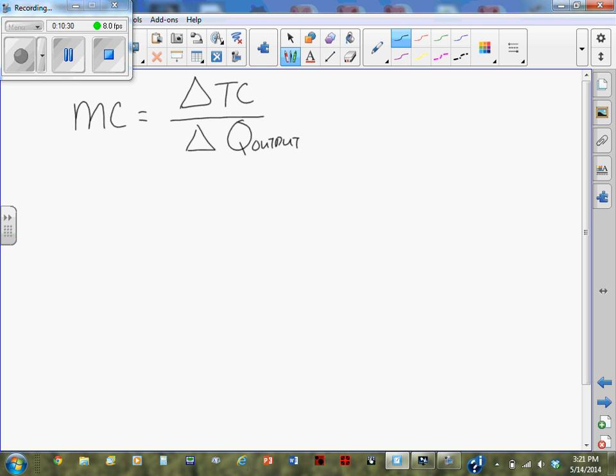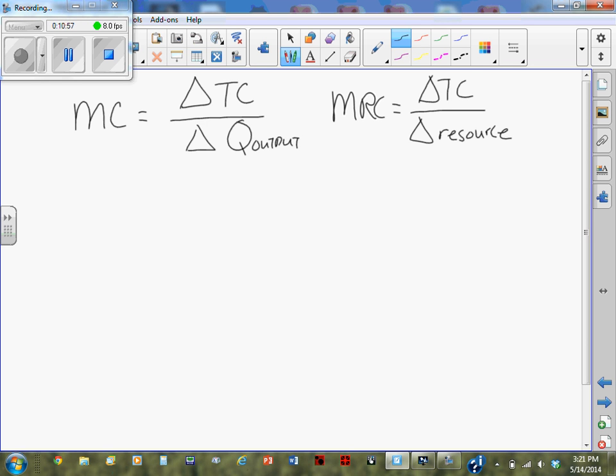On the other hand, in the factor market, our marginal resource cost is equal to the change in total cost divided by the change in the amount of resource purchased. Could be workers hired, could be joules of electricity used, whatever.